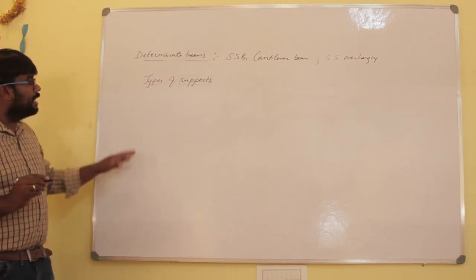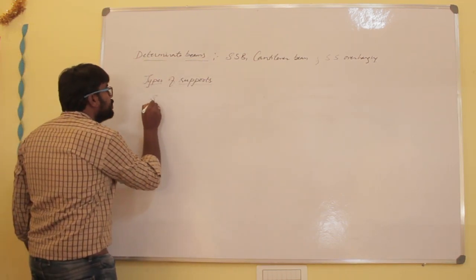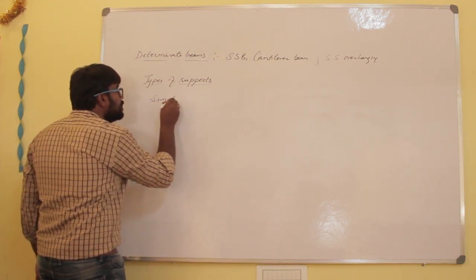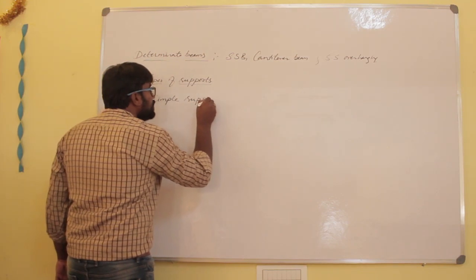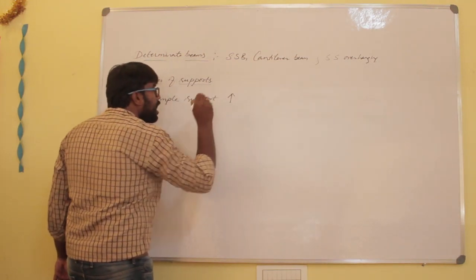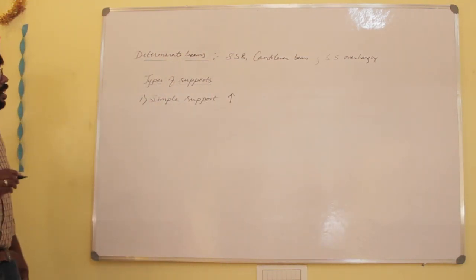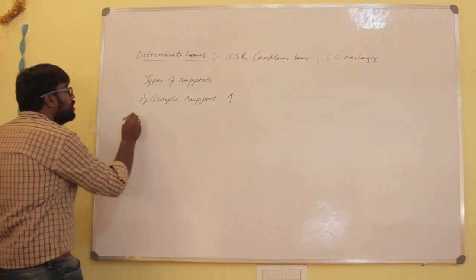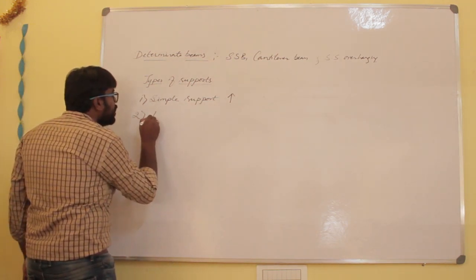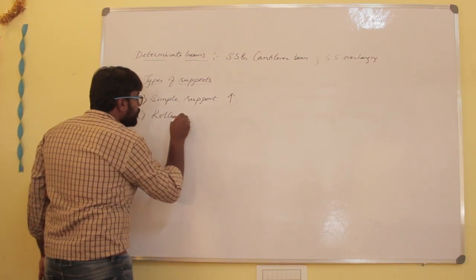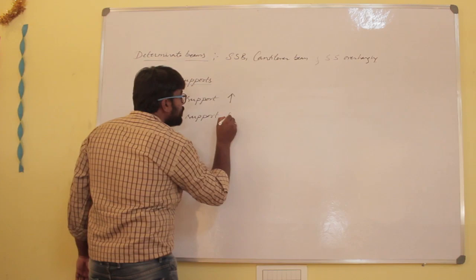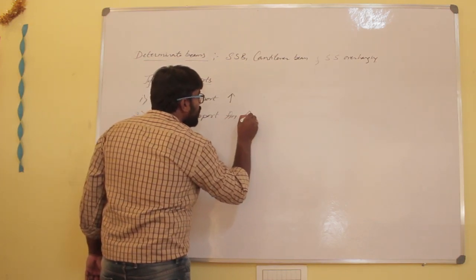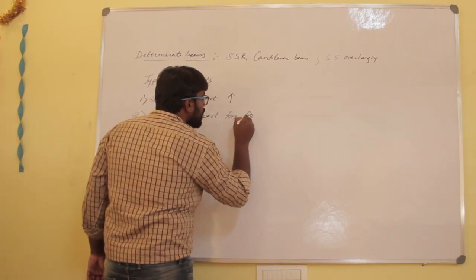First, let us go with the simple support, represented by an arrow mark facing upward or downward. Another is the roller support, which can be represented like this, or like this.